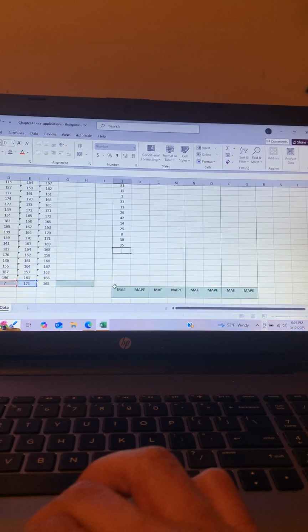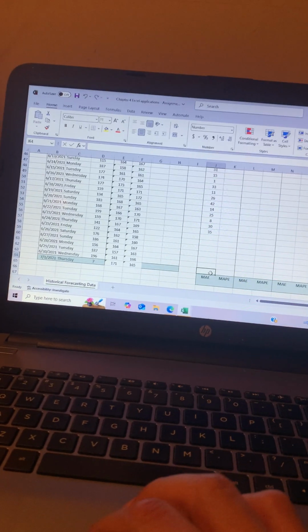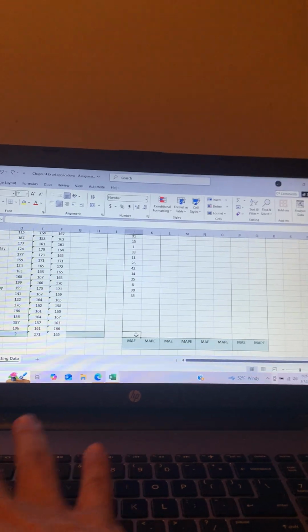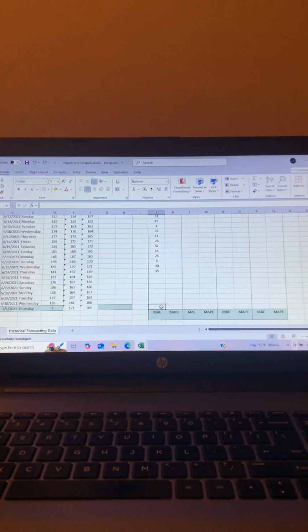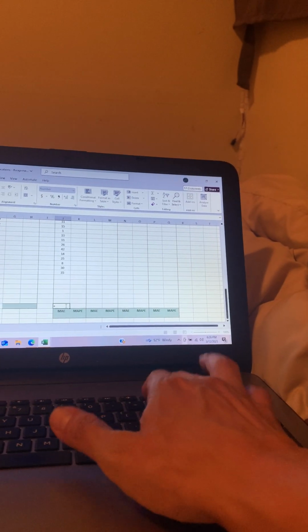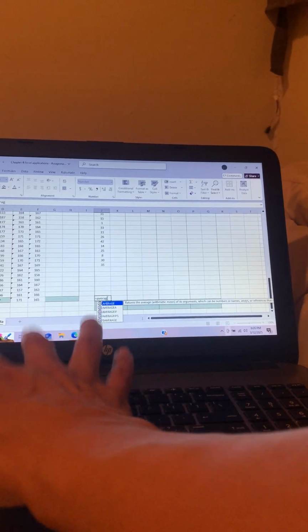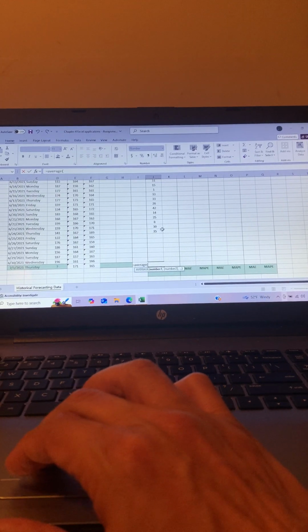Now we're gonna get our average of all of these. So that's really simple. We're just going to do equals average again, and then parentheses. We're gonna highlight.